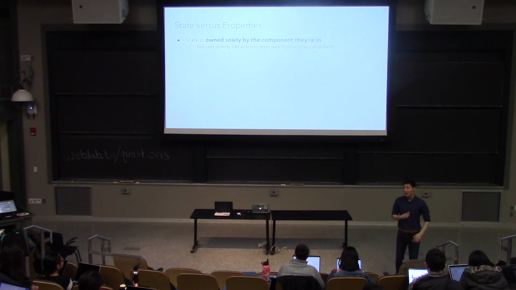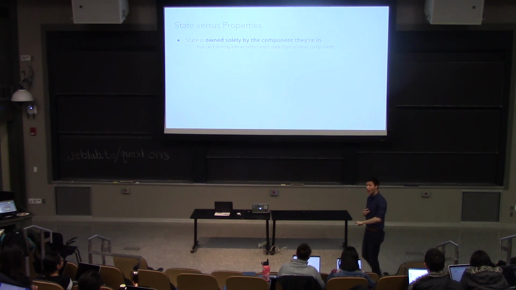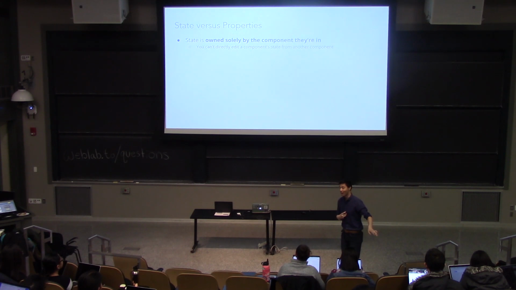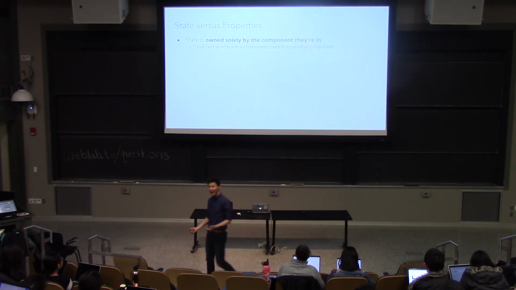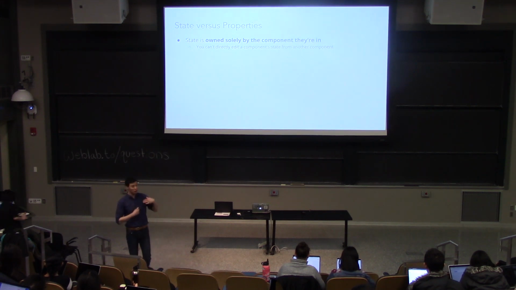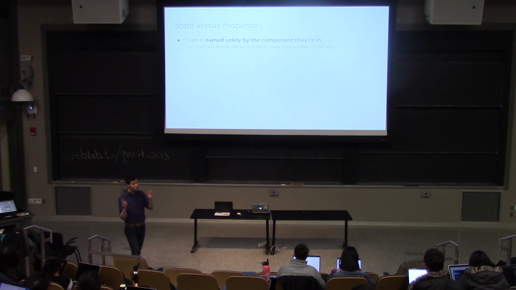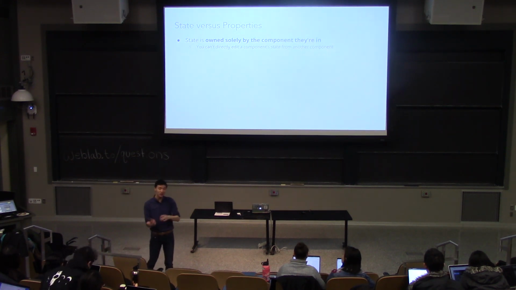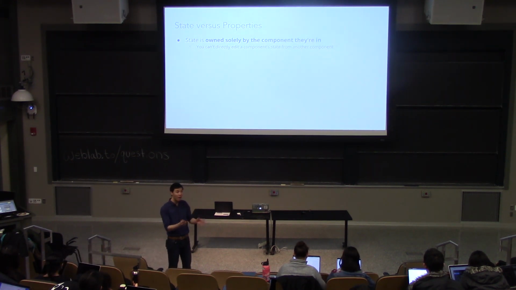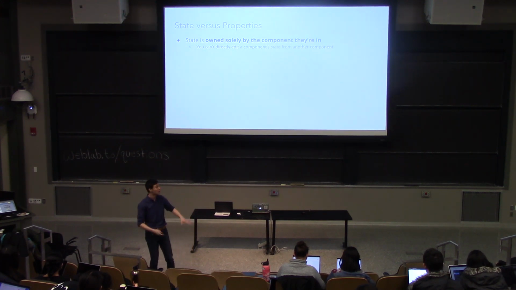That means no one else is allowed to directly change that. So Reply can't come to me and be like, your name is no longer Alex. Sorry. I get to decide that, because that's one of my characteristics. That's my state. So you can't directly edit another component's state from another component. Only that component is allowed to edit its own state.